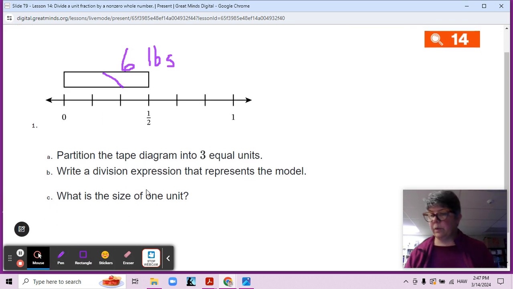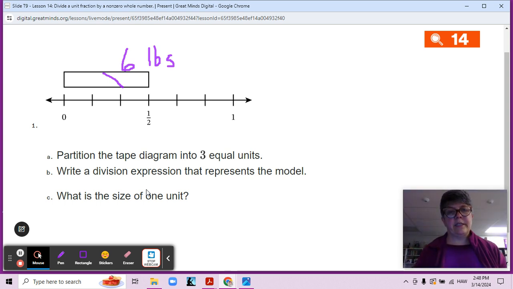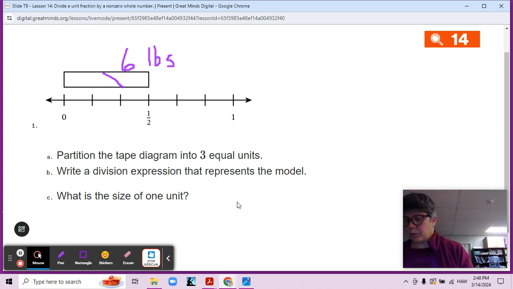Okay, so in your Learn book, you see this question in number 1, and it says partition the tape diagram into 3 equal units. Write a division expression that represents the model, and what is the size of 1 unit. So please follow along with me and take notes as we go.